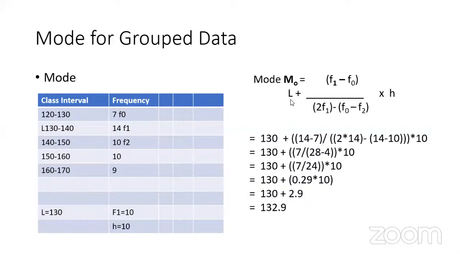So L is 130. The frequency in the modal class becomes F1, the previous one becomes F0, and the next one becomes F2. Class width is 10. Substituting these, you get the mode for group data. Now let's do it.